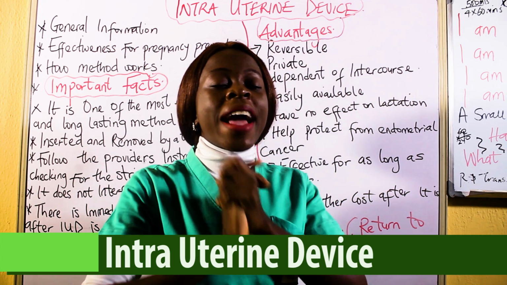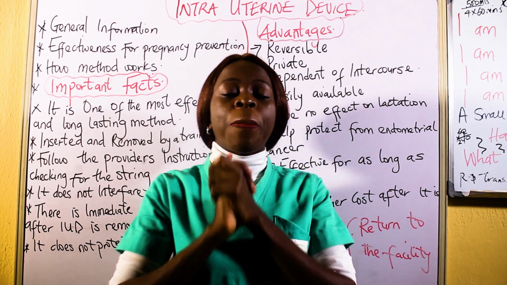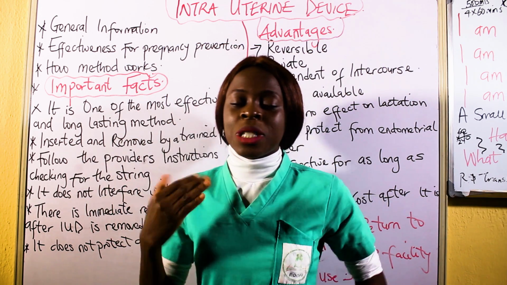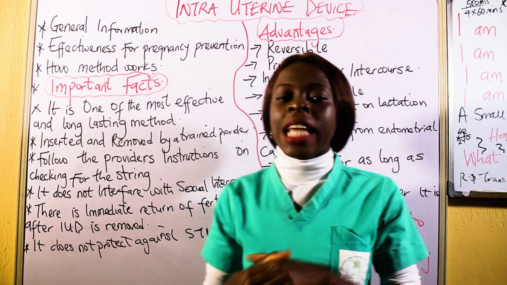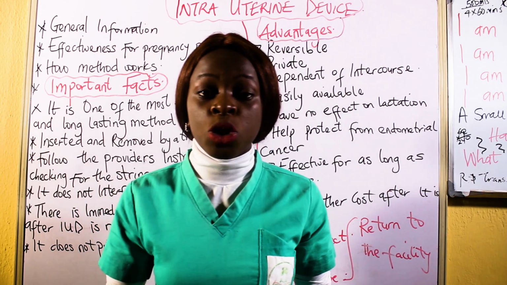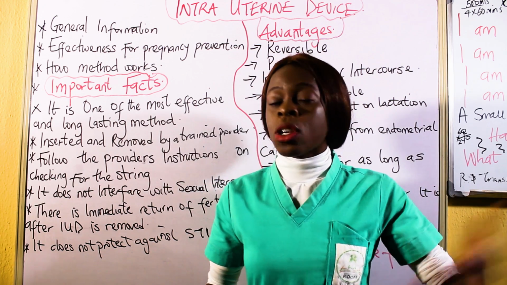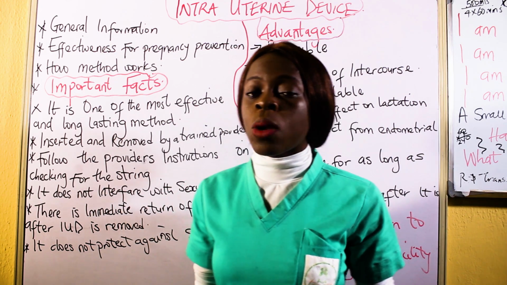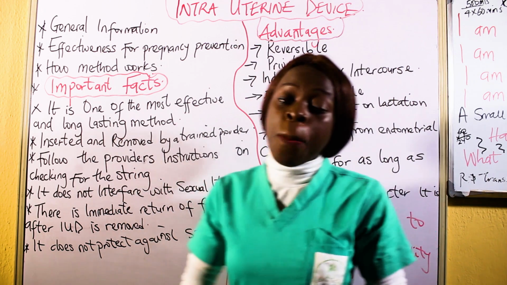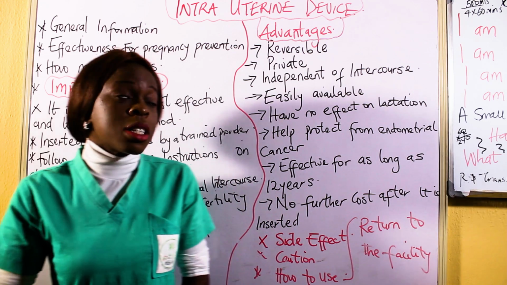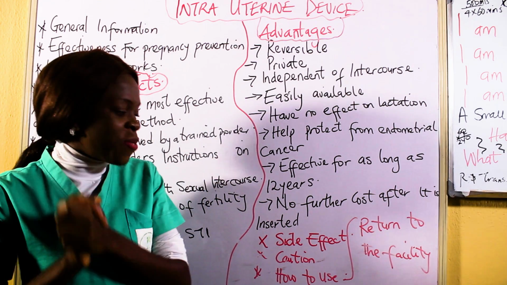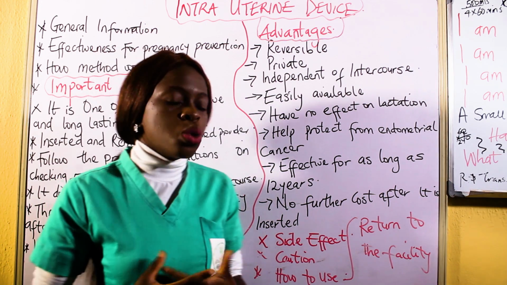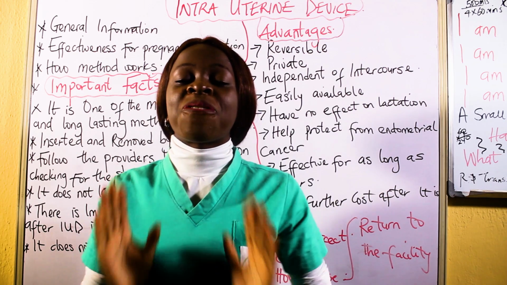The intrauterine device, a type of family planning, is popularly known as IUD. We're going to be discussing IUD under the following headings: the general information you need to know, like we did in hormonal method, the effectiveness for pregnancy prevention, how this particular method works, the important facts about IUD, advantages, side effects, the caution, how to use, and when to return to the facility.